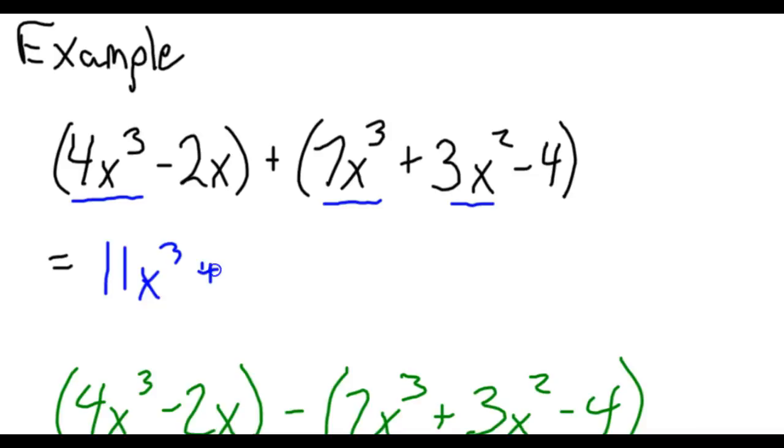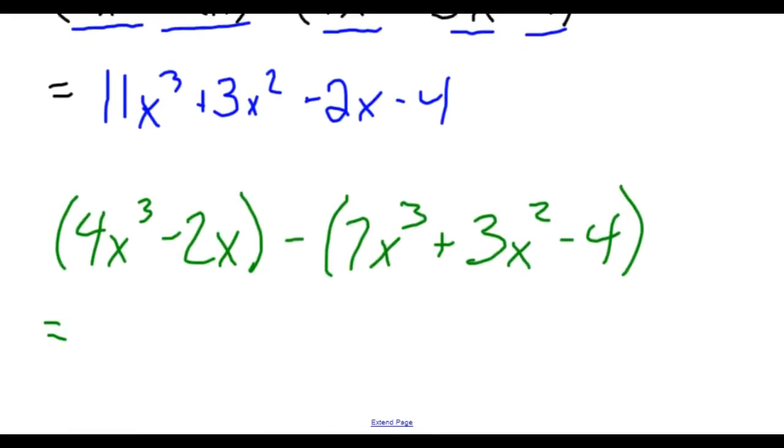So it becomes plus 3x squared. We continue this pattern. The next term we have is an x to the first. It's the only one, so it's minus 2x minus 4. So adding or subtracting, we're combining like terms.